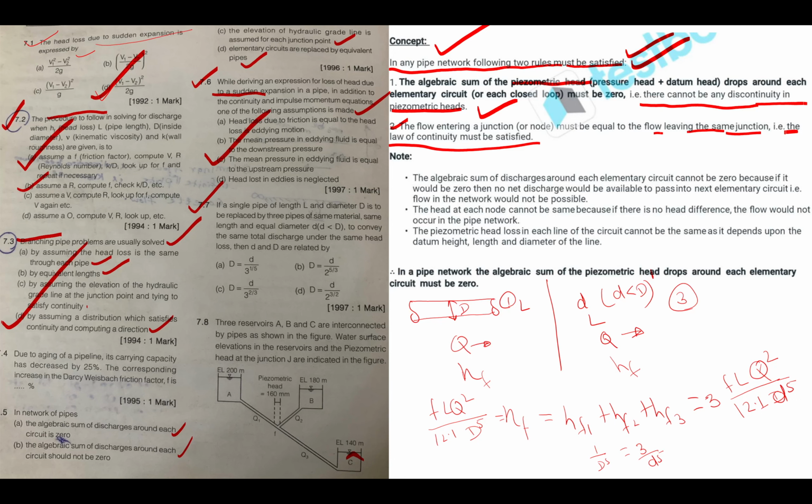So here you need the relation for capital D. So capital D to the power 5 is equal to d to the power 5 divided by 3, so D is equal to d times 1 by 3 to the power 1 by 5. So option A is correct. This is very easy, not a very tough thing, but you need to consider that your single pipe is replaced by 3 pipes.